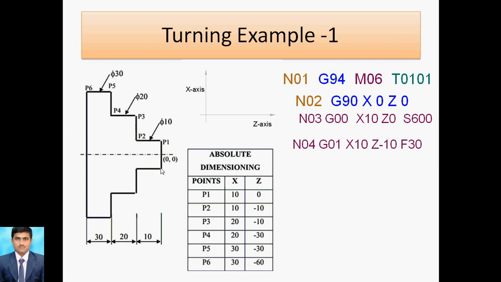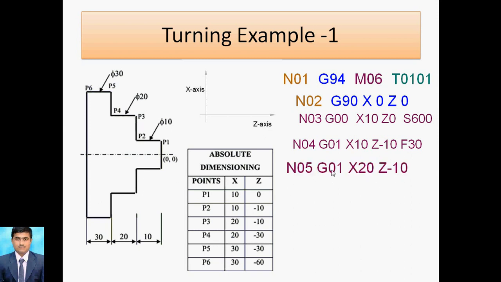So here the tool makes contact, and then the turning will take place. S600 means the spindle speed is about 600 rpm. Then the tool reaches P2. Now it reaches P3. What is the X value? X value is 20, because the diameter is 20, and Z value is minus 10, right?